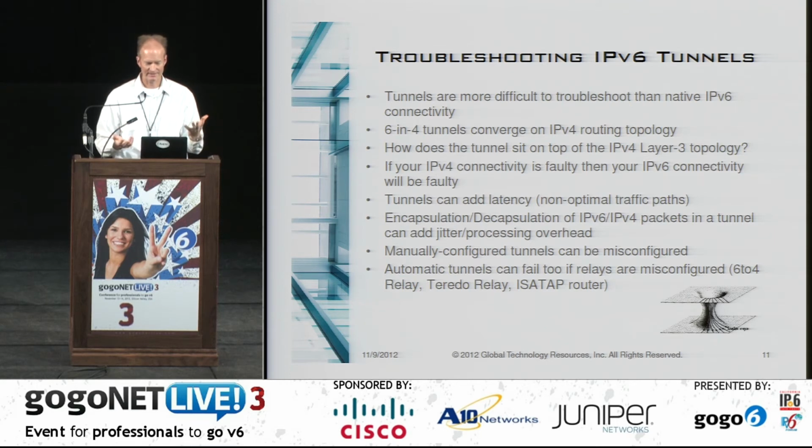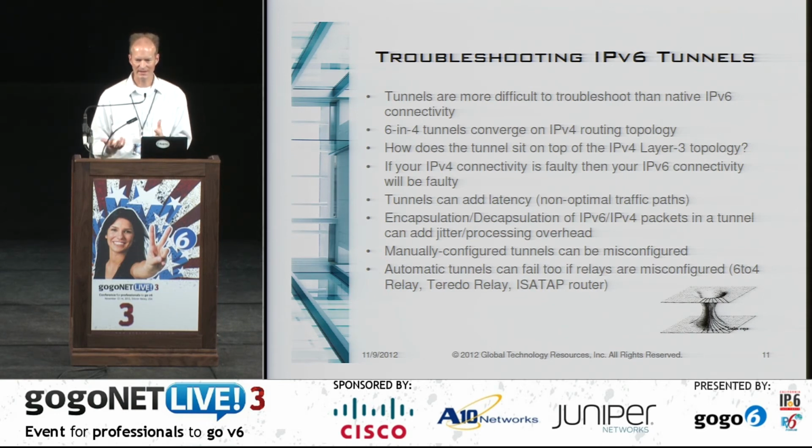Tunnels can add latency, and could potentially cause some asymmetry. That could cause application timeouts, reconfigurations, out of order packets, and some applications may not handle that. The tunnels, of course, reduce our MTU size. We all know many IPv4 applications that don't work well with path MTU discovery, but because the IPv4 routers coddle the applications and do fragmentation on behalf of the source, those applications get away with that.